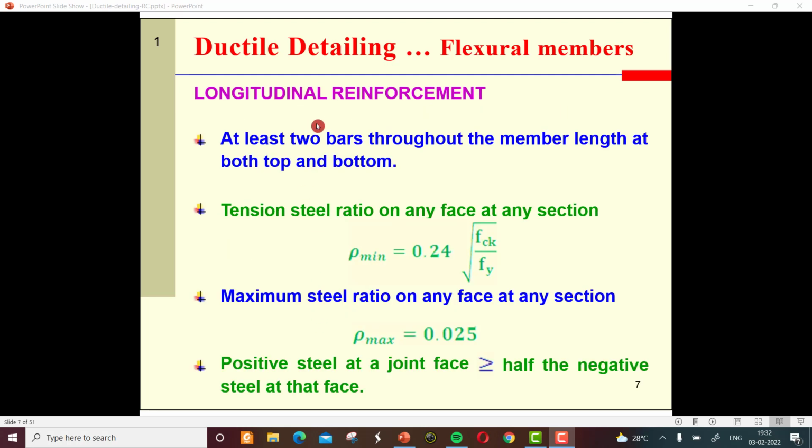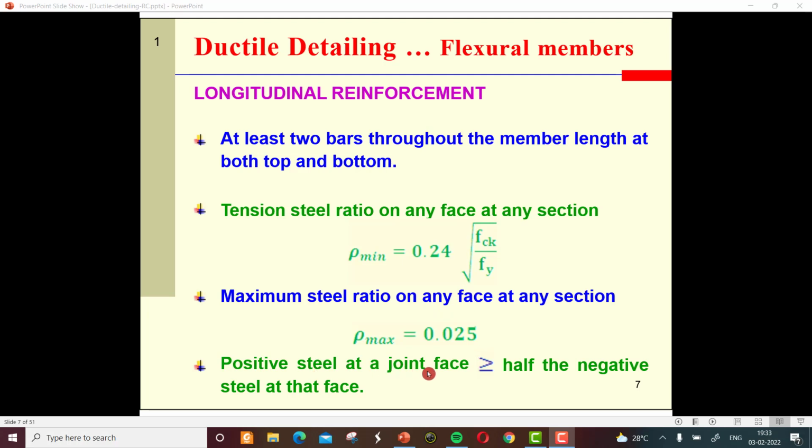Regarding the longitudinal reinforcement, at least 2 bars should go throughout the member length at both top and bottom. The minimum tension steel ratio on any face at any section, rho min, is equal to 0.24 times root of fck by fy, and the maximum steel ratio on any face at any section, rho max, is 0.025.